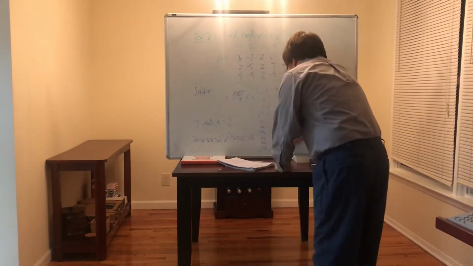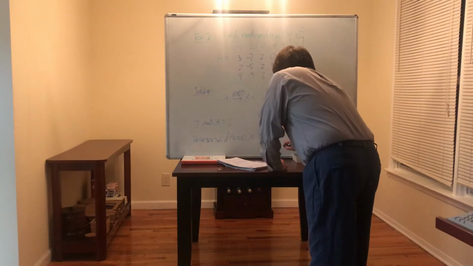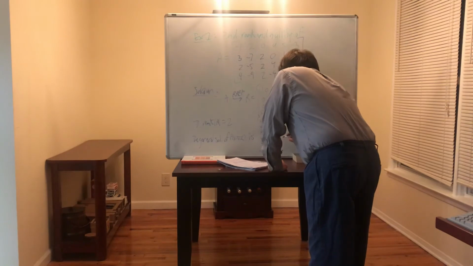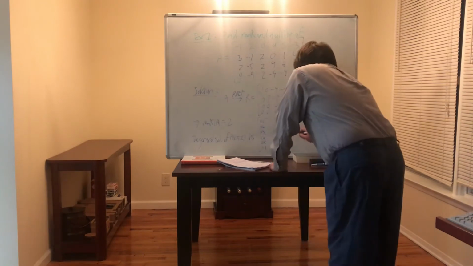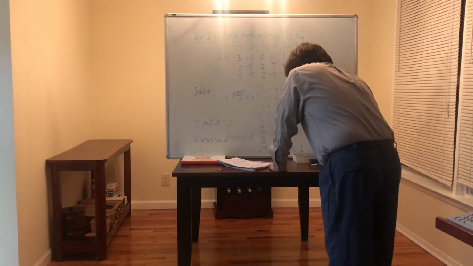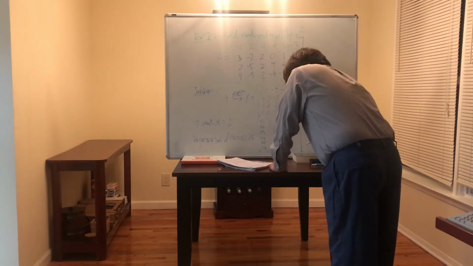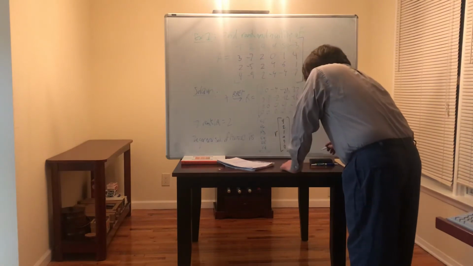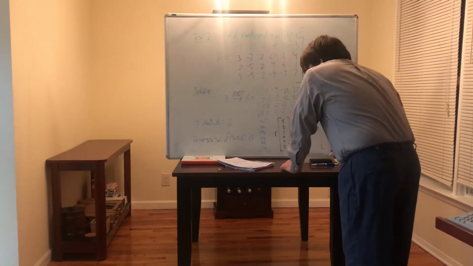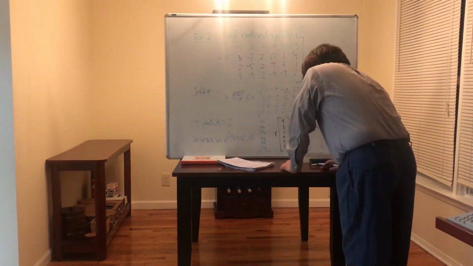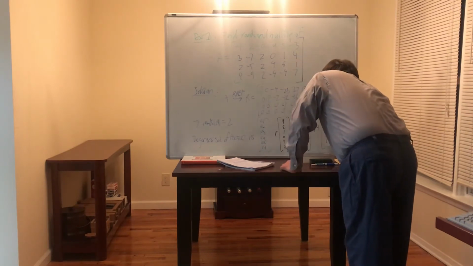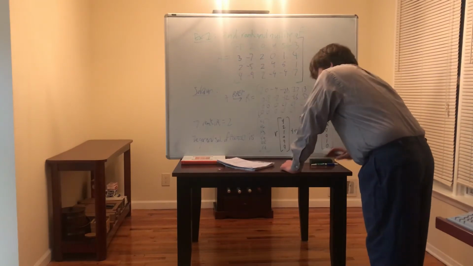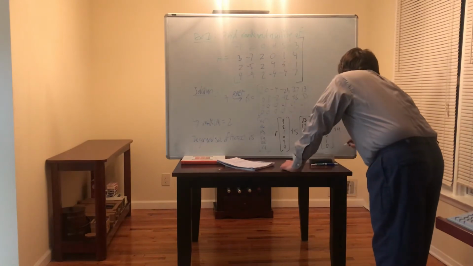It's R times 4, 2, 1, 0, 0, 0, plus S times this vector, 28, 12, 1, 0, 0, plus U, I use U here.